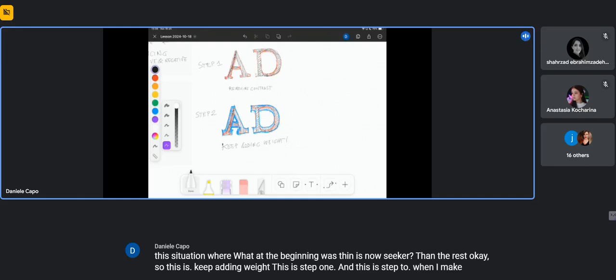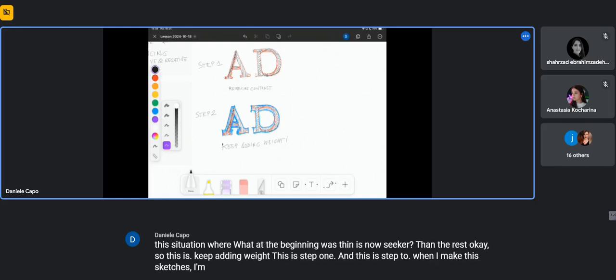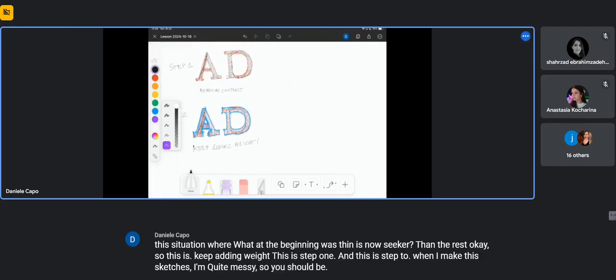When I make these sketches, I'm quite messy. So you should be more accurate than me when you draw.